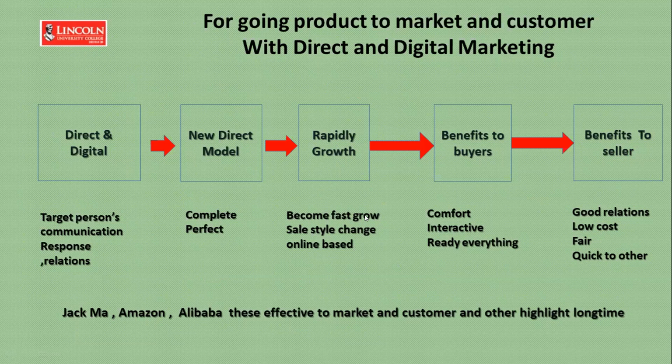You can grow first, not slowly. Starting online, benefits to buyers are ready, everything. Benefits to sellers: good relationships, low cost, fair, with other functions. It's right and digital marketing.